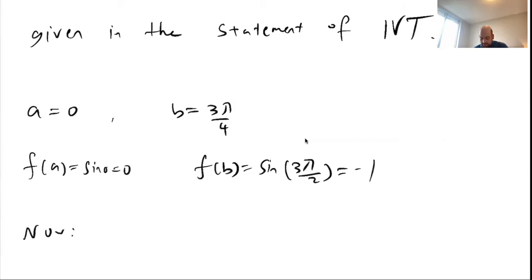Now m equals minus 1/2, bigger than f of b, less than f of a. See, that's why I said in the statement of the theorem that m is between f of a and f of b. I did not say bigger than f of a, less than f of b. Because in some exams, that depends on whether f of a is less than f of b or f of b is less than f of a. In this case, f of b is less than f of a and m is bigger than f of b, less than f of a.